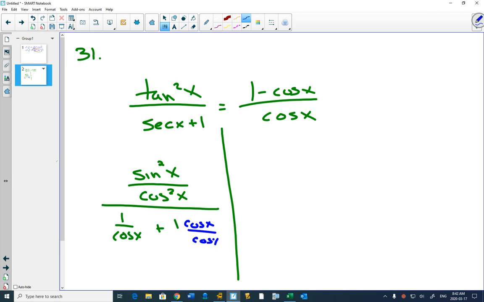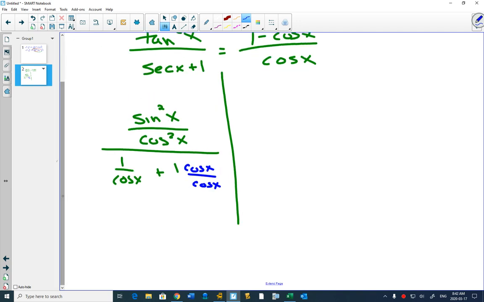So in a proof, if you have fractions within fractions, try to get a single fraction in your numerator, a single fraction in your denominator. If you do that, then you can multiply by the reciprocal. So if I add the bottom, you could see that I have a single fraction on the bottom, and on the top I would have sine squared over cos squared multiplied by the reciprocal here, which is cos x over 1 plus cos x.